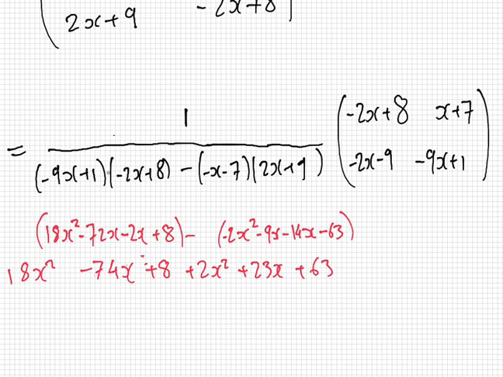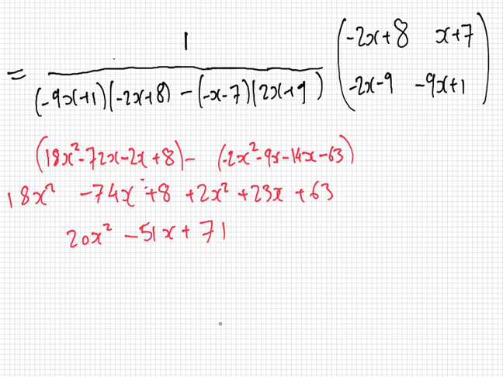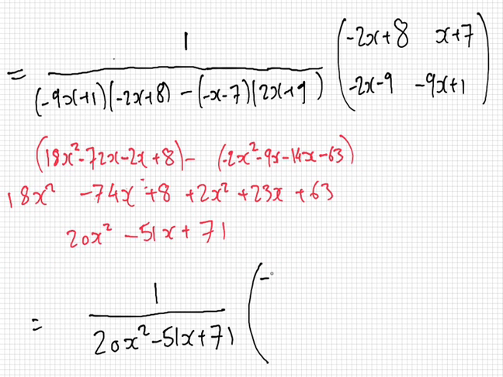So what's that? 20x squared, minus 74 plus 23, minus 51x plus 71. Now I have the answer. The answer is 1 over 20x squared minus 51x plus 71, multiplied by minus 2x plus 8, x plus 7, minus 2x minus 9 and minus 9x plus 1.